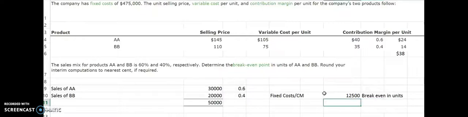So we're going to take that same 12,500 and first of all multiply it by 60%. And the 7,500 will represent our break even in units for AA.